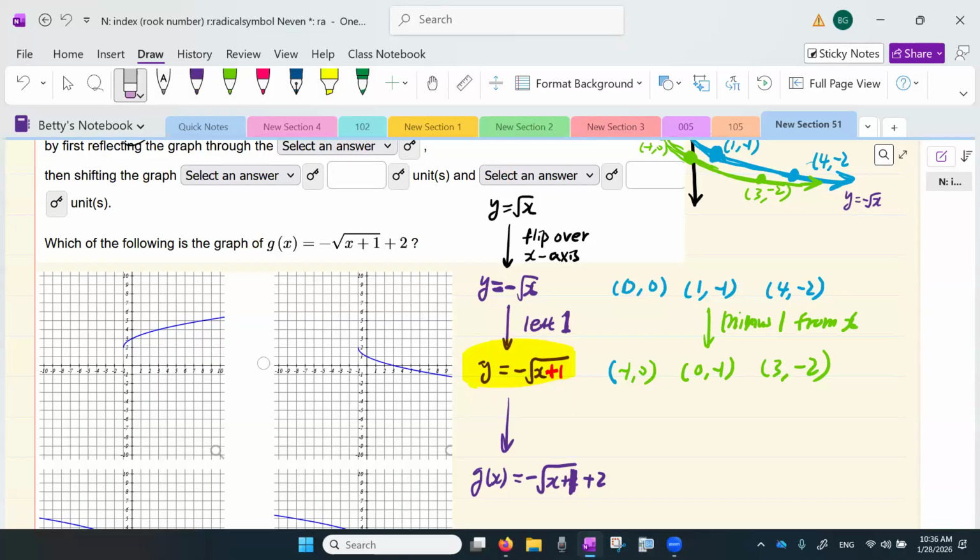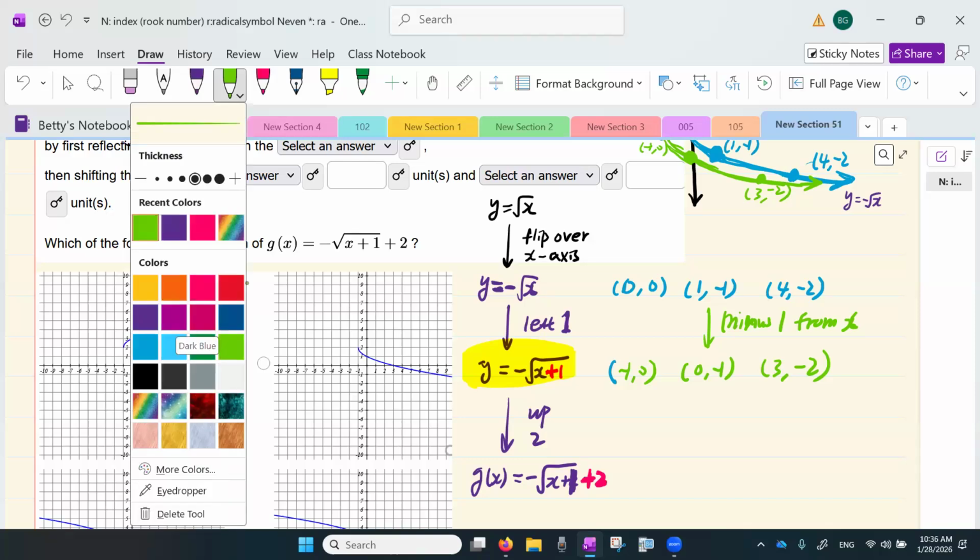So our g is negative root x plus 1, the green curve, and then +2. So the 2 here is added to the green function, added to y. When you add a number to y, that's obviously up, okay? What color am I gonna do? Orange.